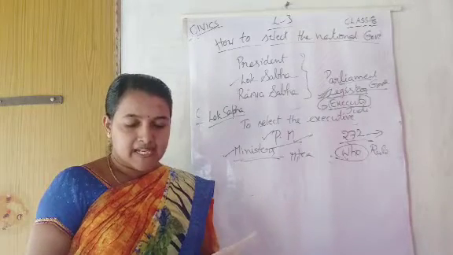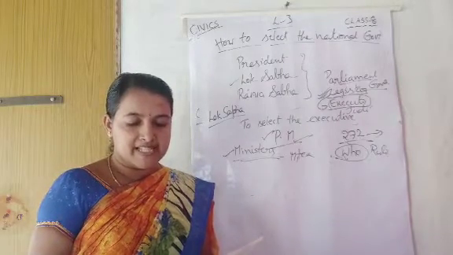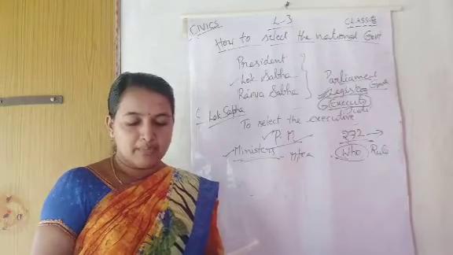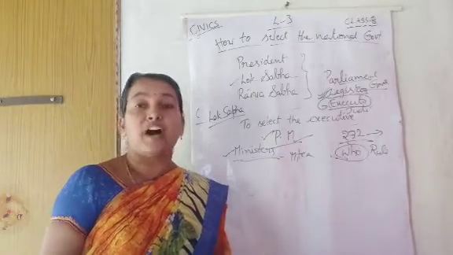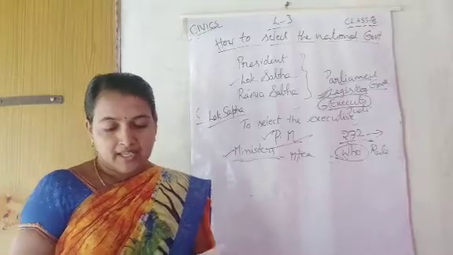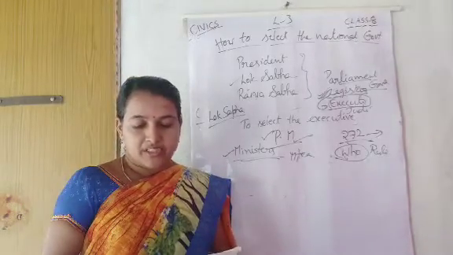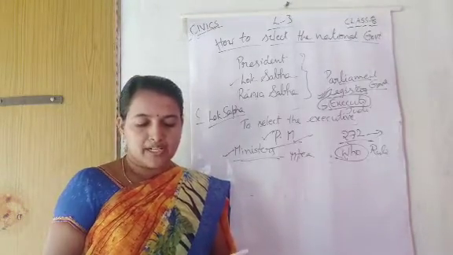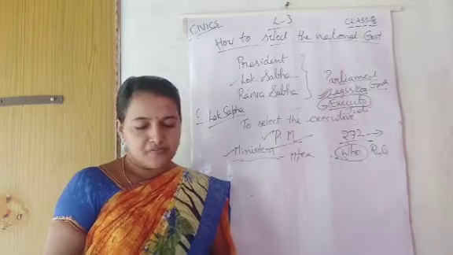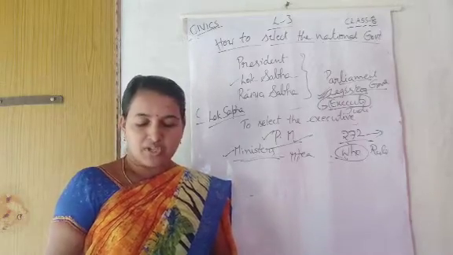Oftentimes, in the recent past, it has been difficult for a single political party to get the majority that is required to form the government. They then join together with different political parties who are interested in similar concerns to form what is known as a coalition government.